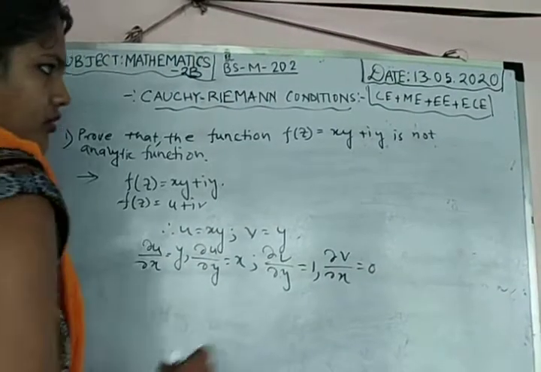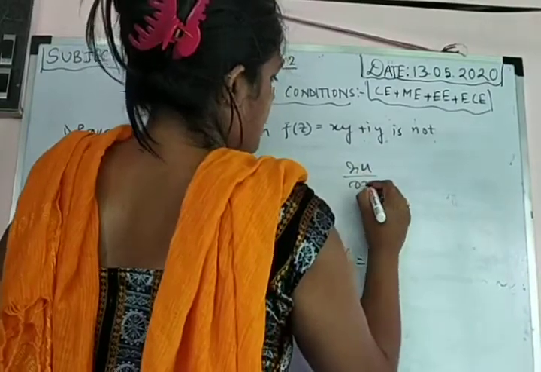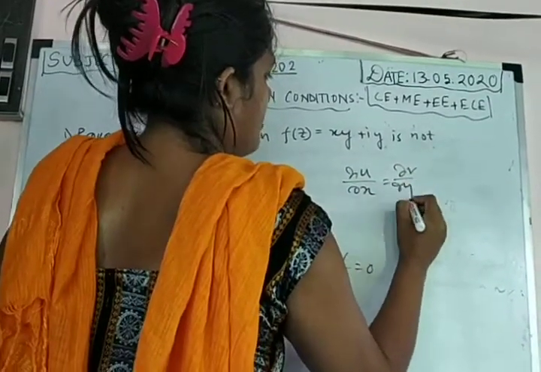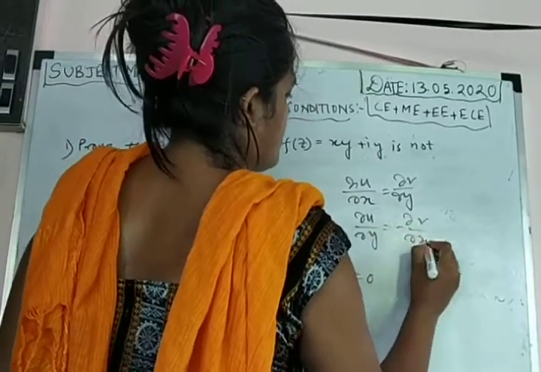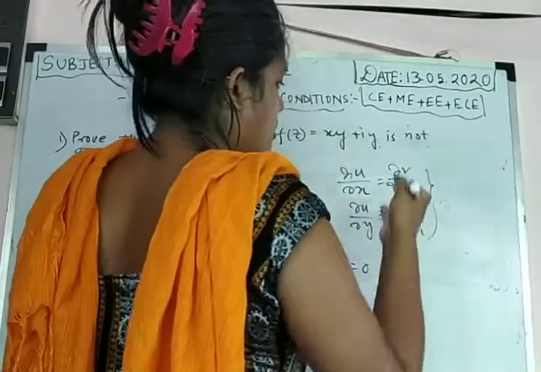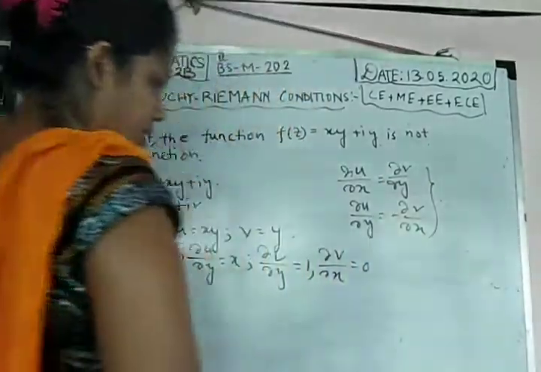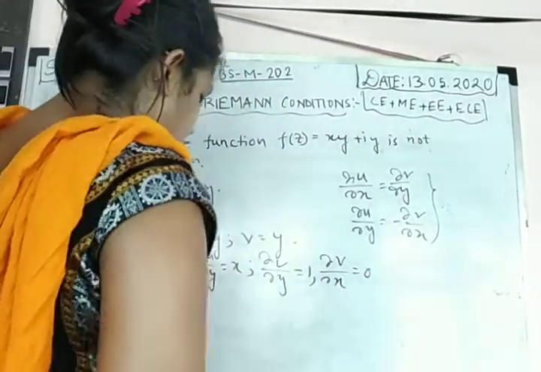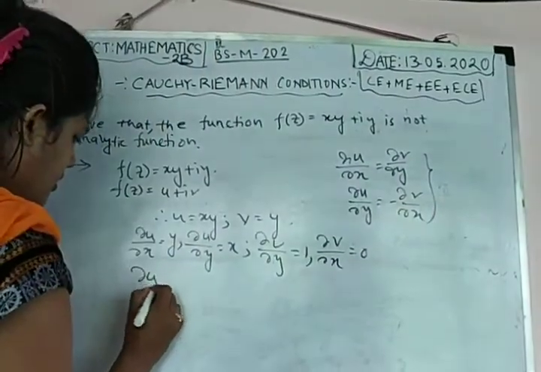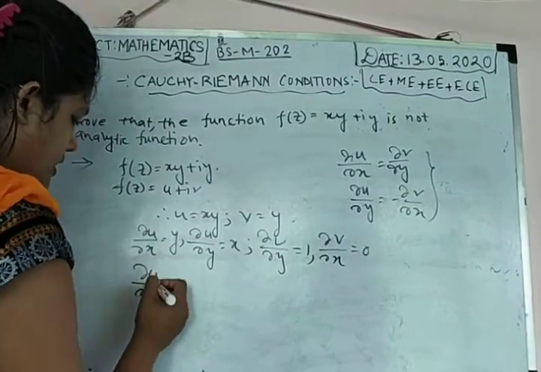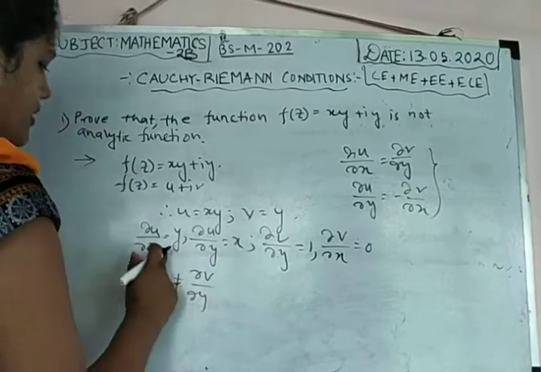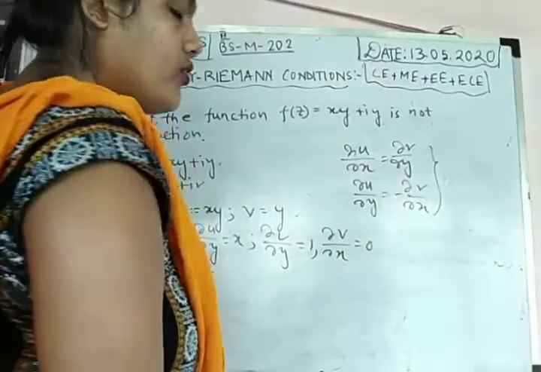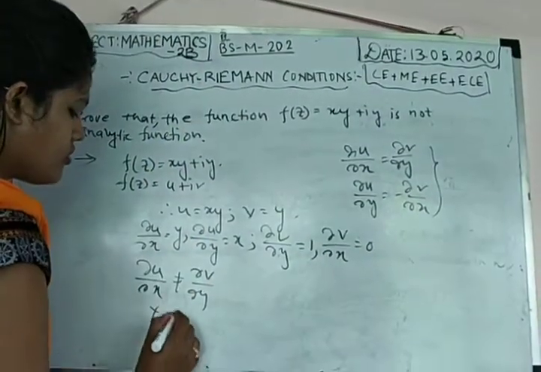So what is our Cauchy-Riemann equation? Del u del x equals del v del y, del u del y equals minus del v del x. If these two equations are satisfied, then the Cauchy-Riemann equation is satisfied, and obviously the function is called an analytic function. But here, del u del x is not equal to del v del y, because del u del x is y and del v del y is 1. So y is not equal to 1.